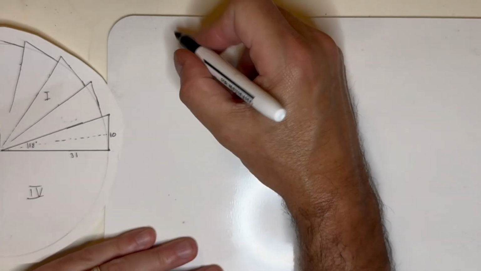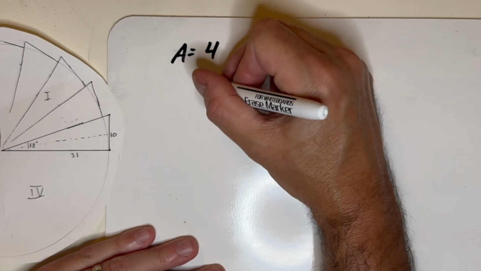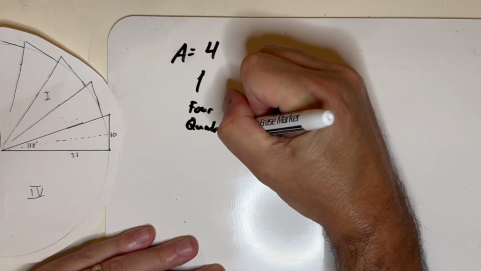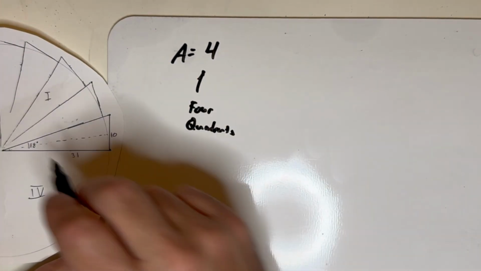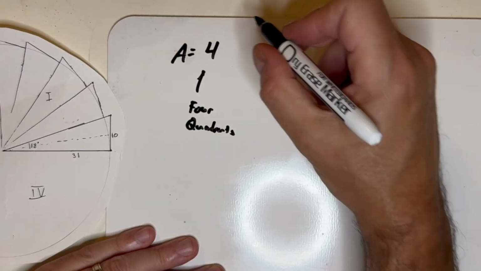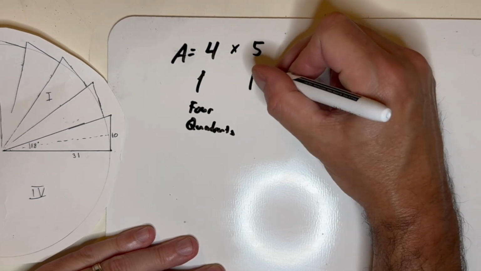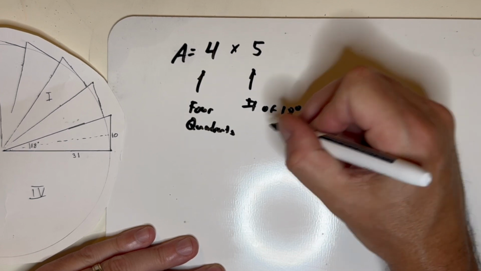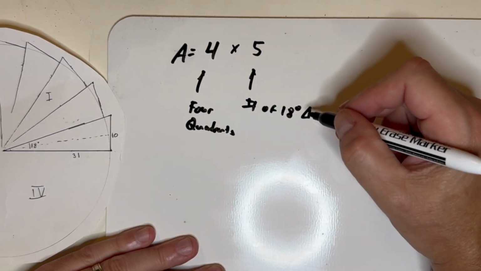So we'll just simply write that the area is going to be equal to 4. Why 4? Because there are 4 quadrants. Whatever area I get when I add up the area of these little triangles, I need 4 of them because there's 1, 2, 3, 4 quadrants to fill to make the circle, times 5. Why 5? Because that is the number of 18-degree triangles that we can fit into one quadrant.